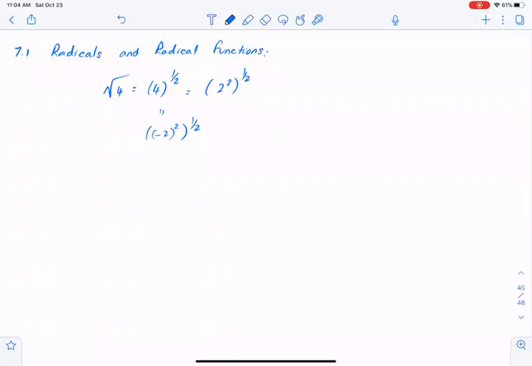If we use the properties of exponents, I should multiply those two. So 2 raised 2 times 1/2. The 2's would get cancelled. I have 2 raised 1. So the answer is 2.